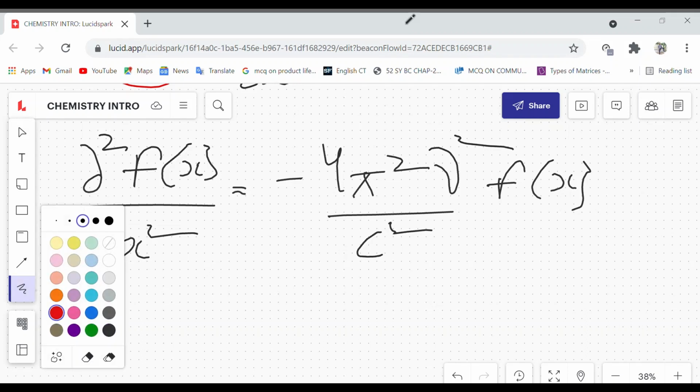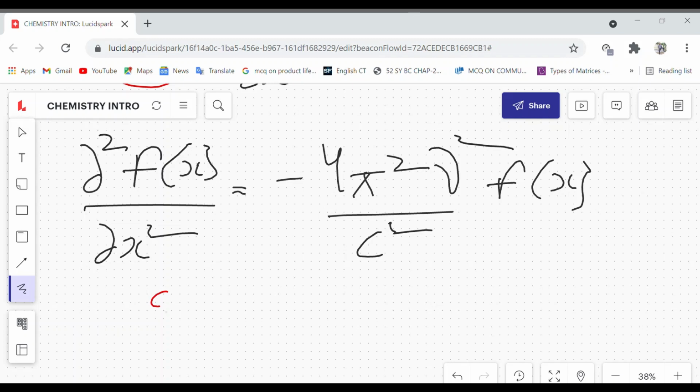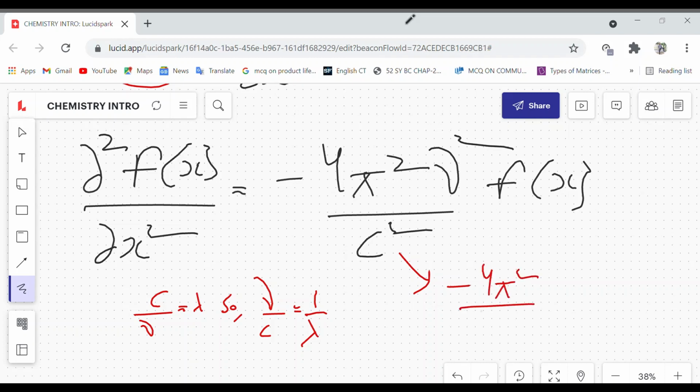And c by nu is lambda, so nu by c is 1 by lambda, so this can be written as minus of 4 pi square by lambda square into f of x. Done.